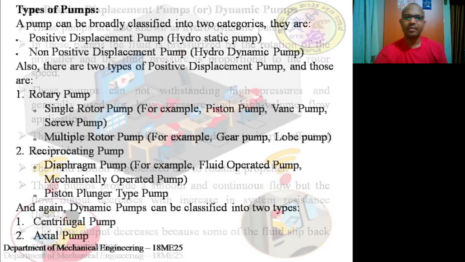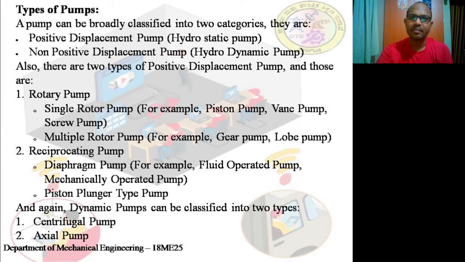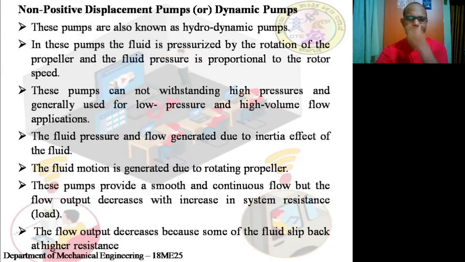Positive displacement pumps are also called static or hydrostatic pumps, whereas non-positive displacement pumps are also called hydrodynamic pumps. The positive displacement pumps are classified into rotary and reciprocatory, and further classified. And the dynamic or non-positive NPD is classified into centrifugal and axial.